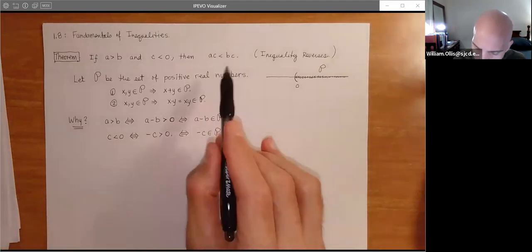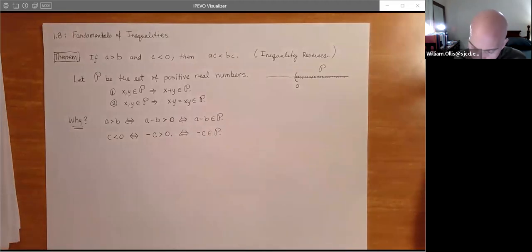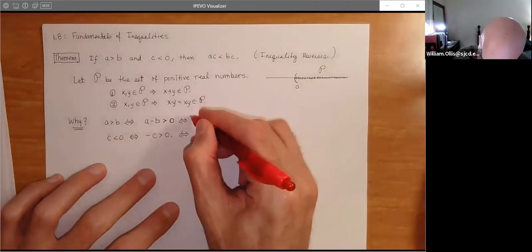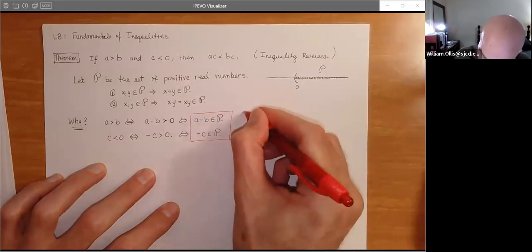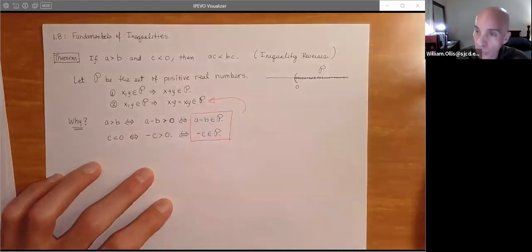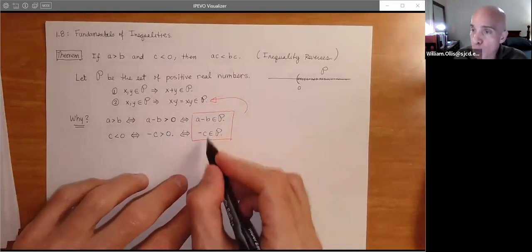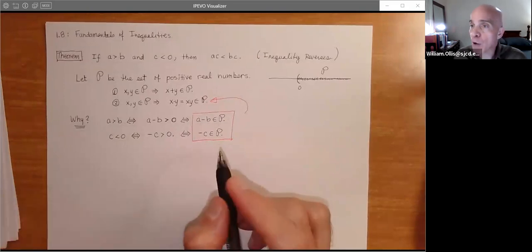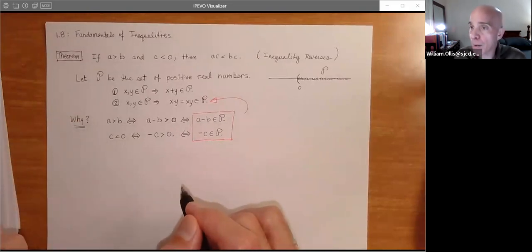So now, when we look at this inequality here, we should be able to take these two positive real numbers and use axiom 2. That is, if we take two positive real numbers and multiply them, then the result by axiom 2 is also a positive real number. That is, the number should be positive, greater than 0.